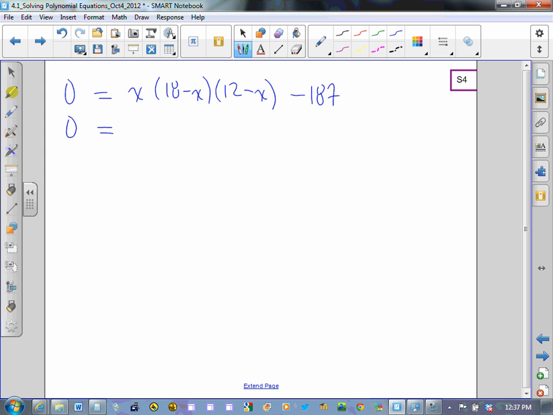Let's deal with expanding the x into the first bracket. So we'll come up with 18x minus x squared. Okay, that's a result of the first expansion. Then what we'll do is we're going to multiply that over the 12 minus x.